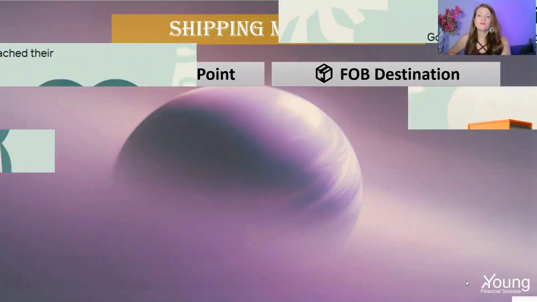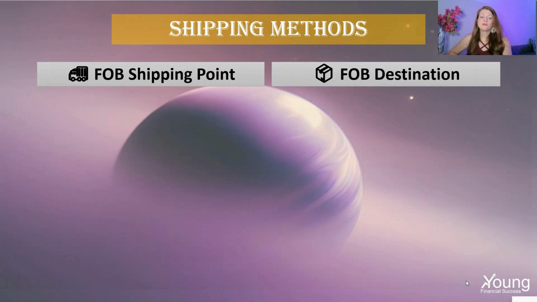So let's look at what those shipping terms are. We're using all these galactic things because of the company that we're going to be working with, Galactic Gadgets. So that's why we have all of these outer space images here. So our shipping methods are either FOB. FOB stands for freight on board. So you've got your goods that are freight and they are on board.